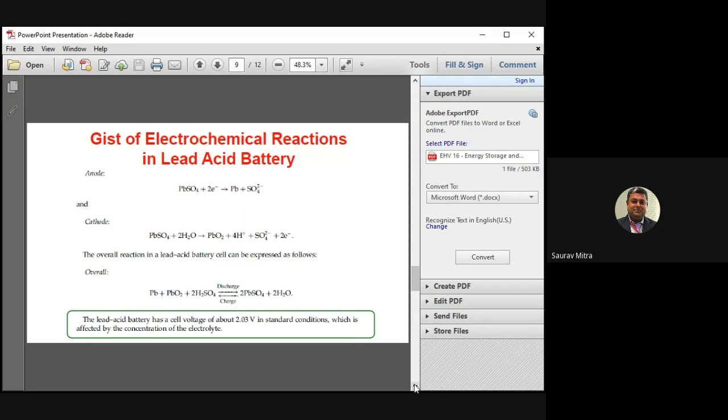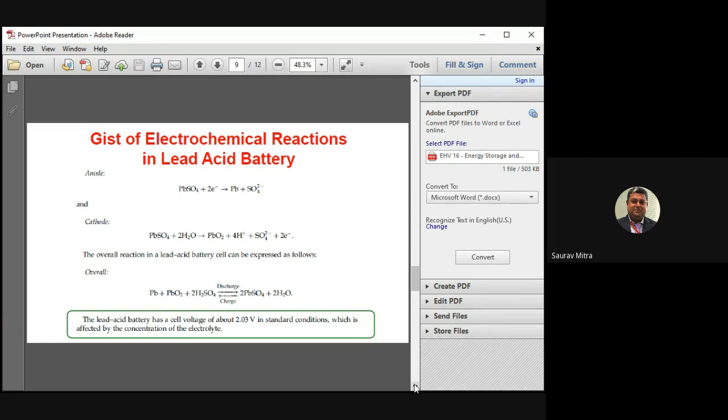And if you're talking about a very big truck, they are actually using two such batteries. So it will be 24 volt, but actually it is 24.36. Twelve such 2.03 volt cells are connected in series. Actually they are using two batteries of 12 volt each in very big vehicles.